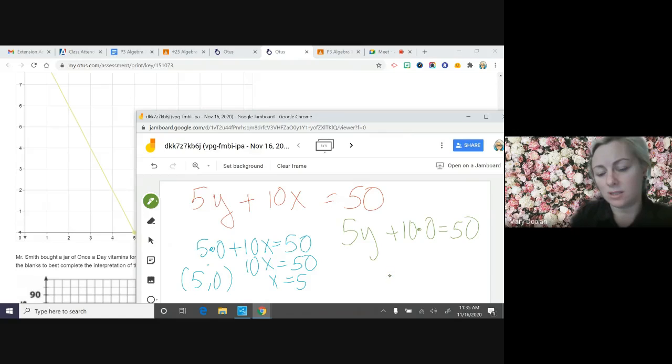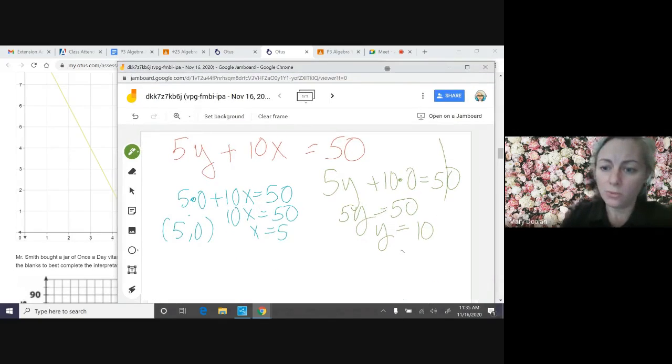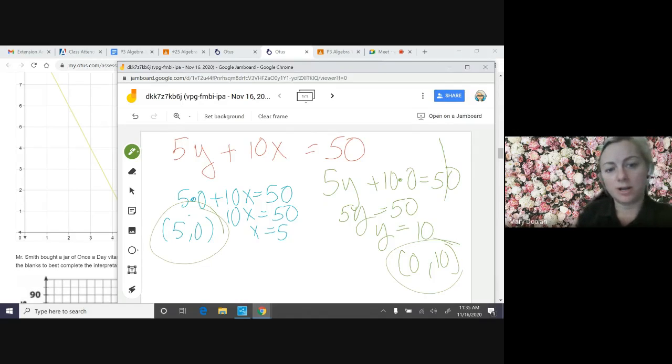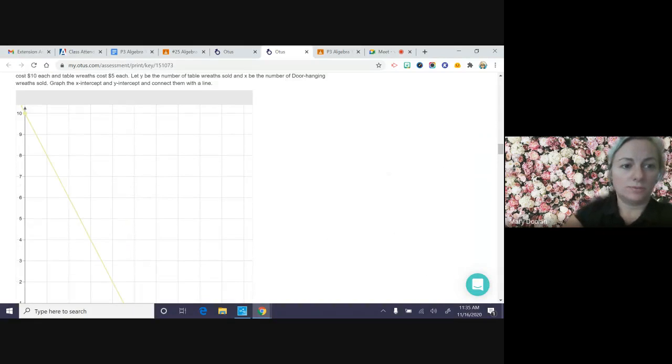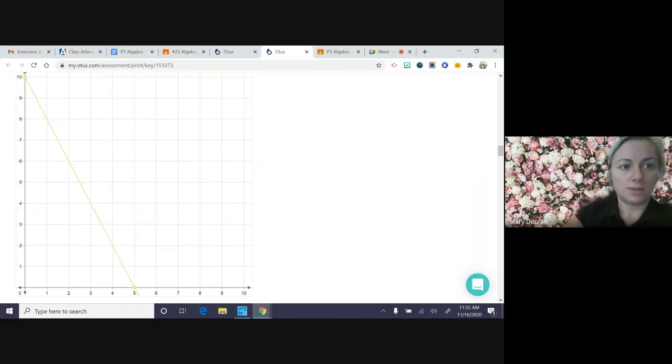Those cancel out, you're left with 5y equals 50, and then y is equal to 10. So that's the other point, where x is 0 and y is 10. So these are the 2 ordered pairs plotted on this graph, (5, 0) and (0, 10). Just seems weird, but it's correct. Once you plot the 2 ordered pairs, you connect it with a line.